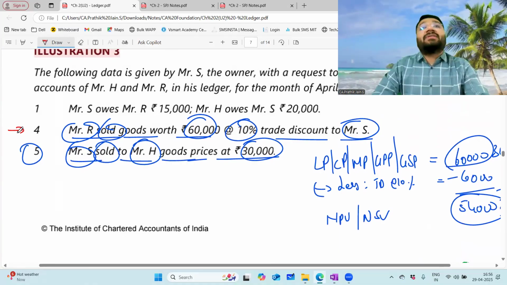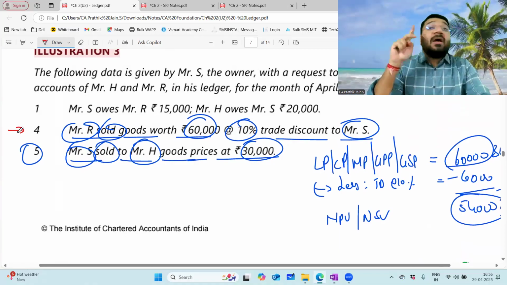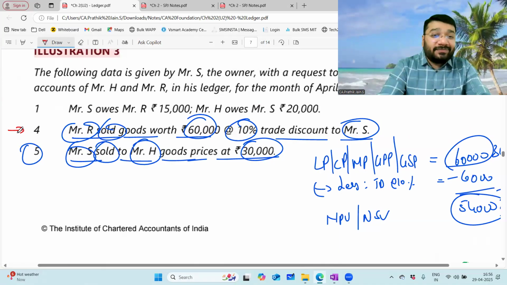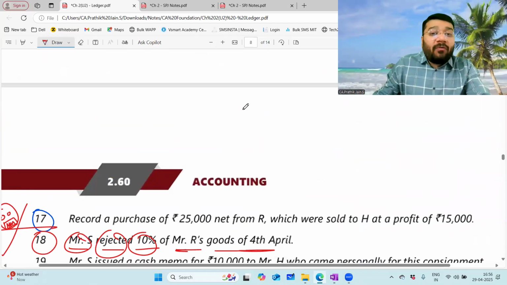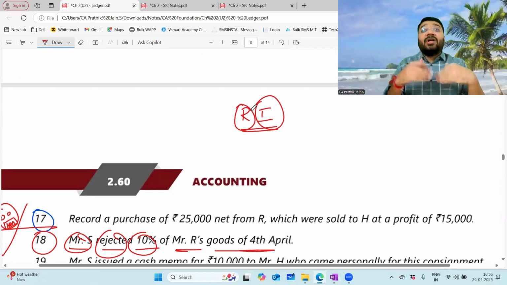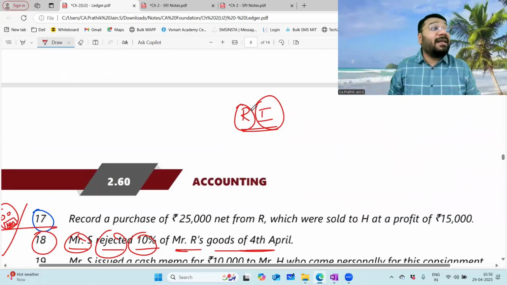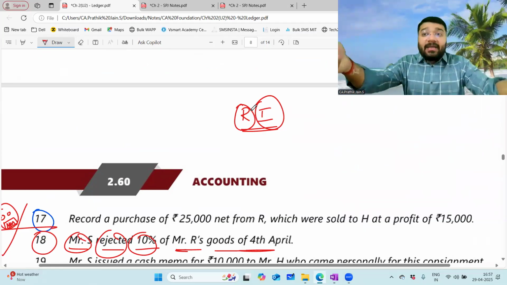So please tell me, purchase return or sale return? So from R we purchased. So if I'm returning, it is called purchase return. What is another name for purchase return? Return inward or outward? Outward. Now understand this. People often get confused. Return inward means somebody's returned the goods and that is coming inside the business. So when do the goods come inside the business while returning? I sold goods to the customer. Customer did not like it.